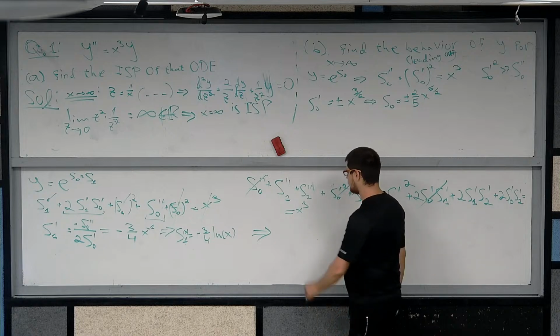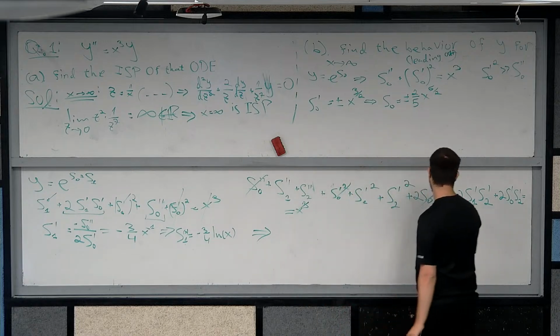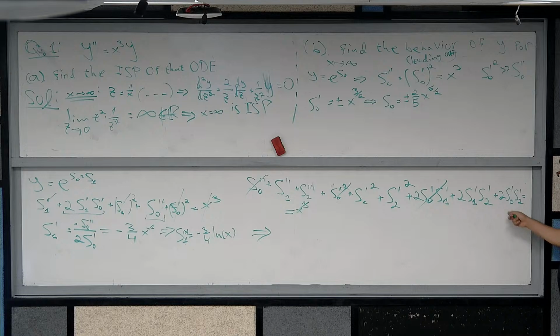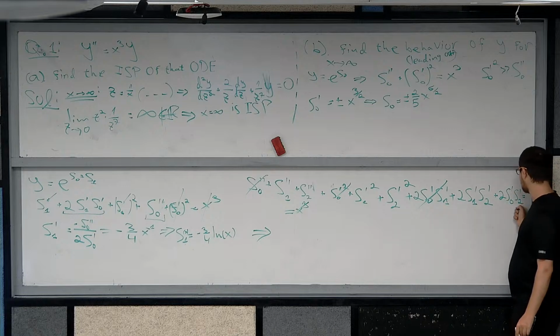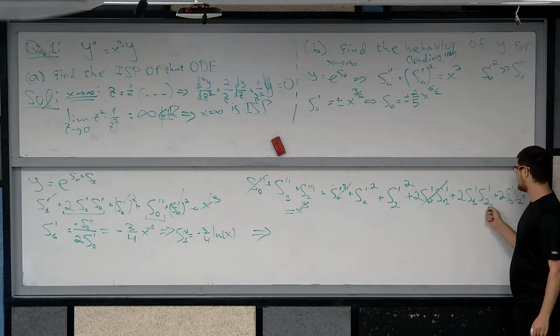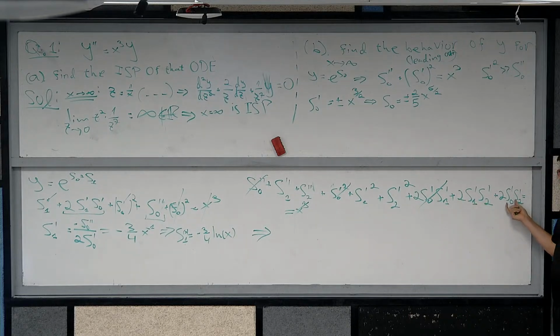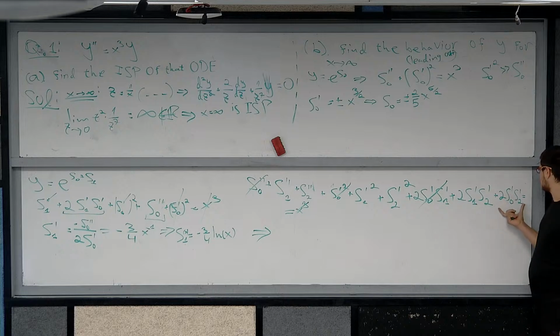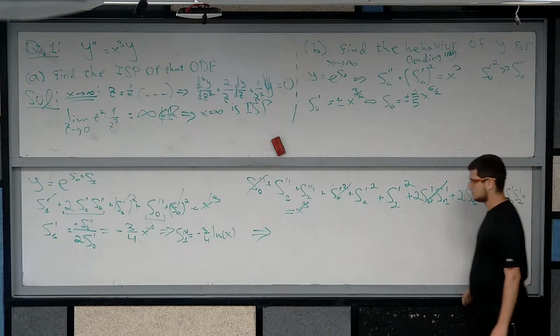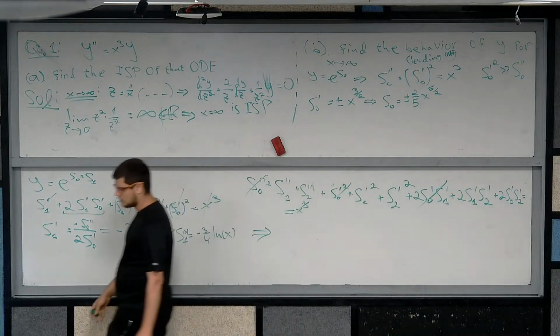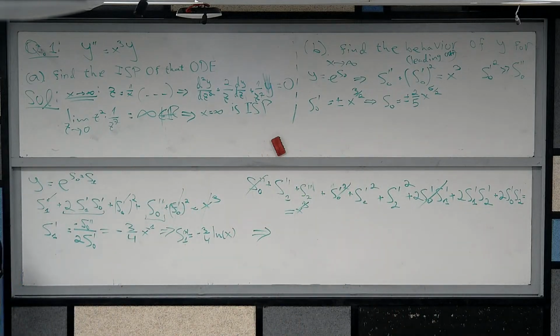S0 prime squared with that. Yes. Now we are left with 2 S0 prime, S2 prime, and that thing. Okay, we know that S0 should be much bigger. Yeah, I'm right. Just checking that I'm not wrong.